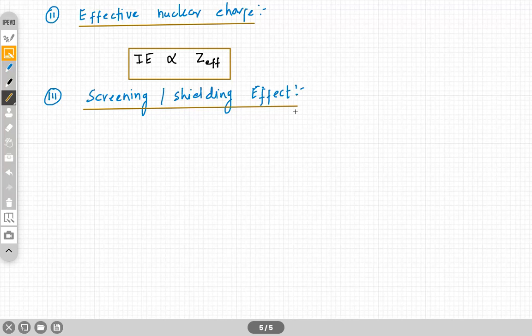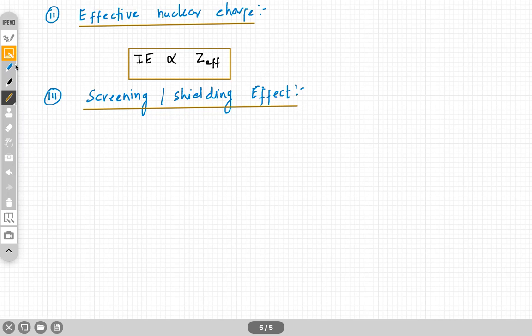Hence, the removal of outermost electron becomes easier.